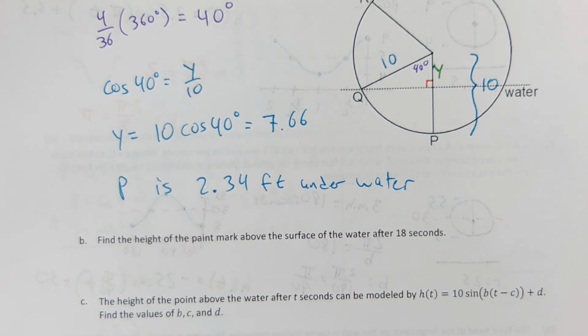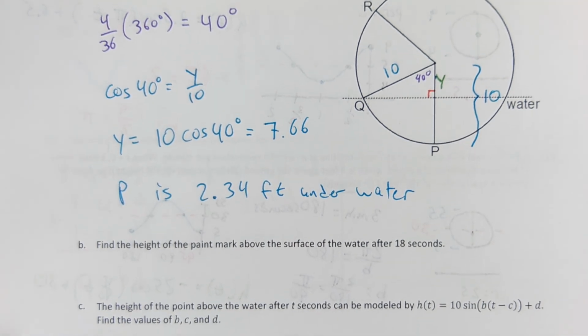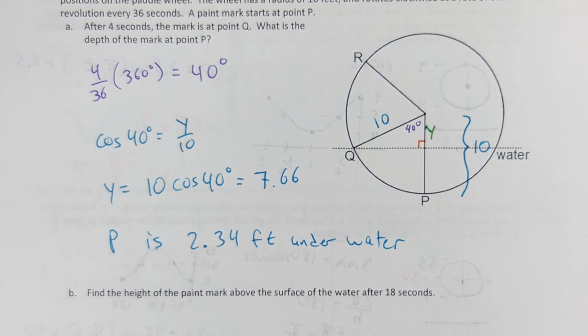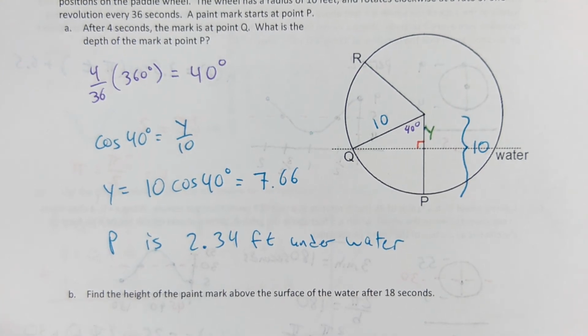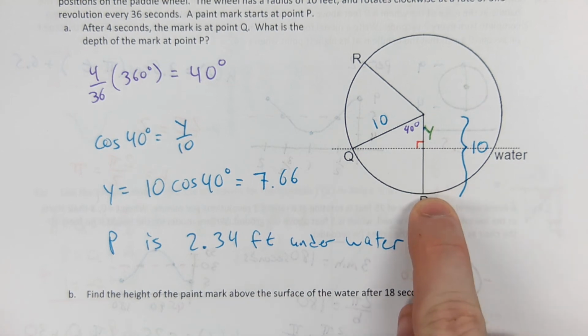It says find the height of the paint mark above the surface of the water after 18 seconds. Okay. What's significant about the number 18? It's half of 36. So where would we be if we started at P 36 seconds later, or 18 seconds later?